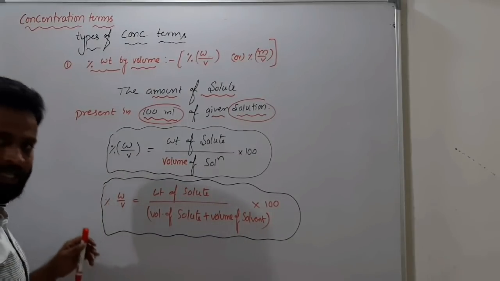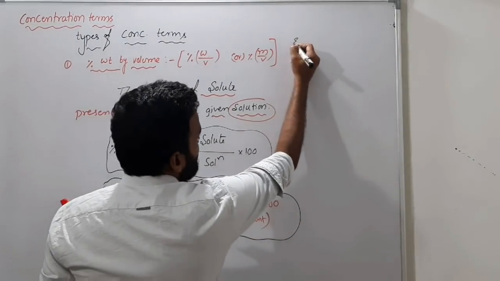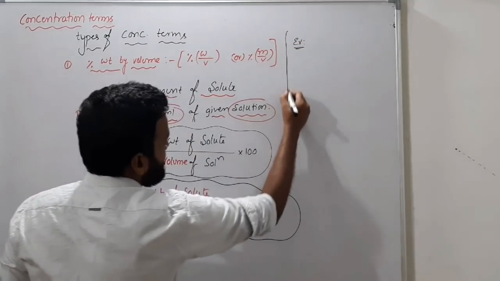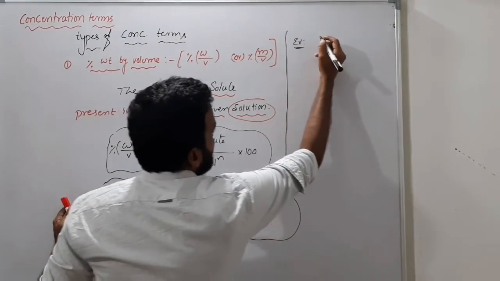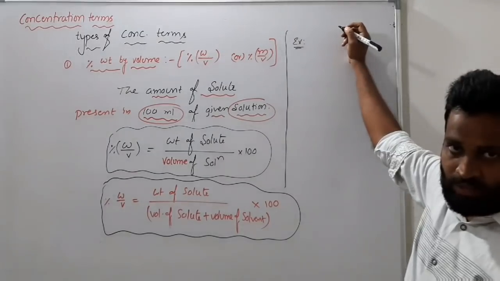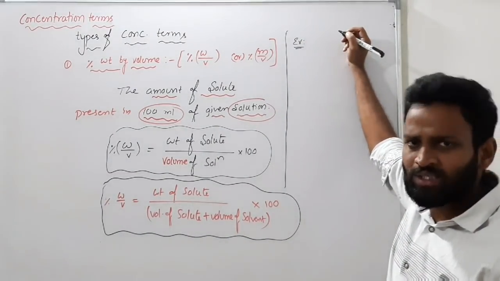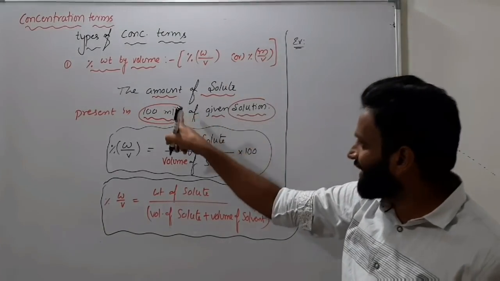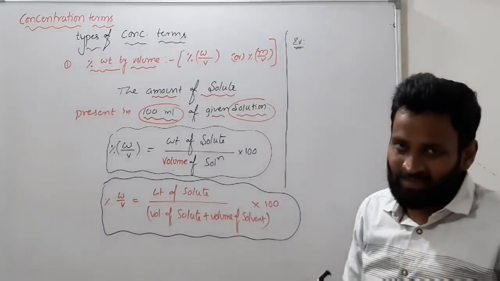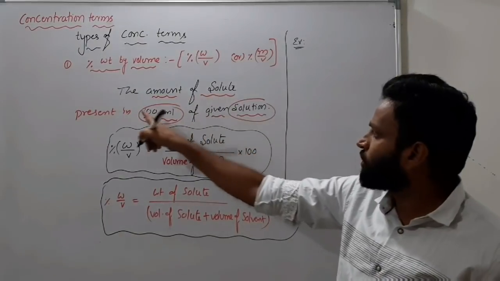Same story. If you want an example, just have a look. In 100 grams, if I am considering, it's wrong. 100 ml I have to consider. This is the general definition for a standard percentage: the amount of solute present in 100 ml of given solution.